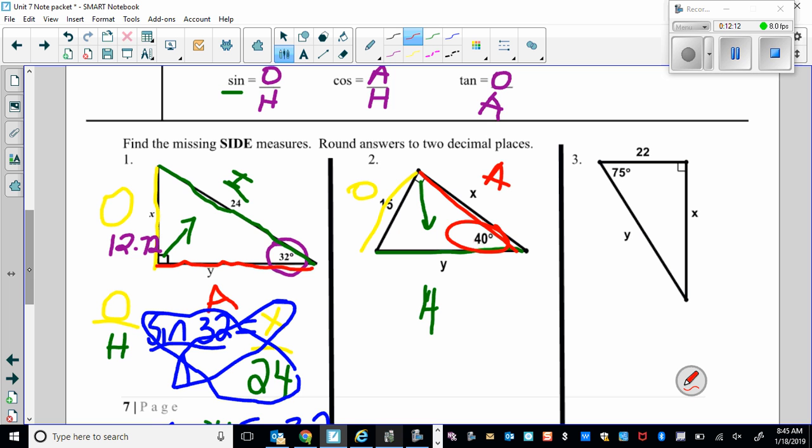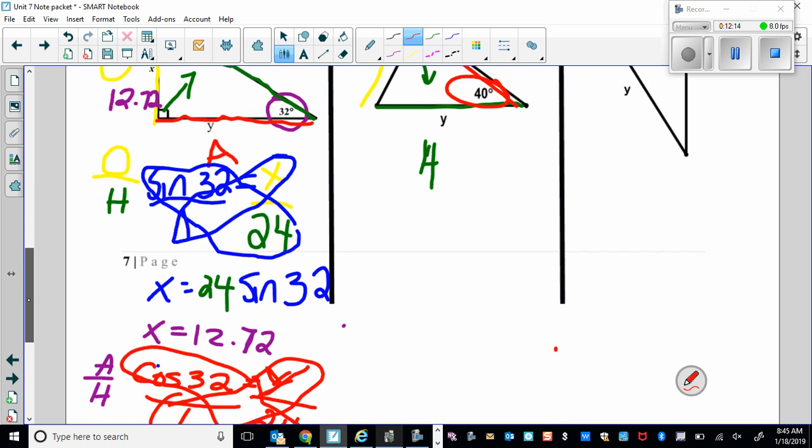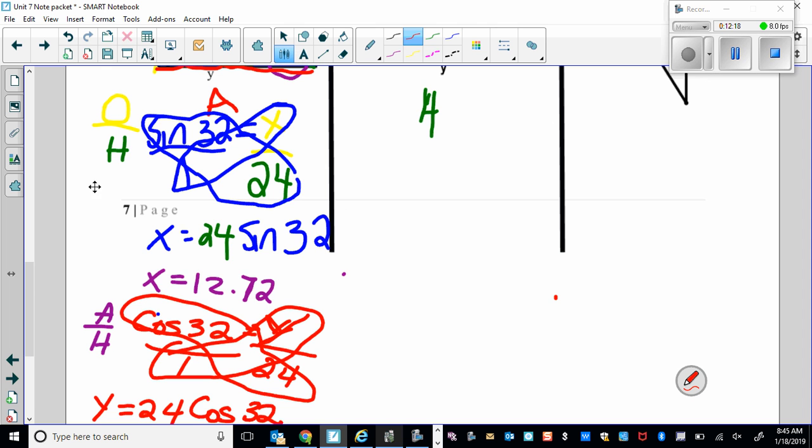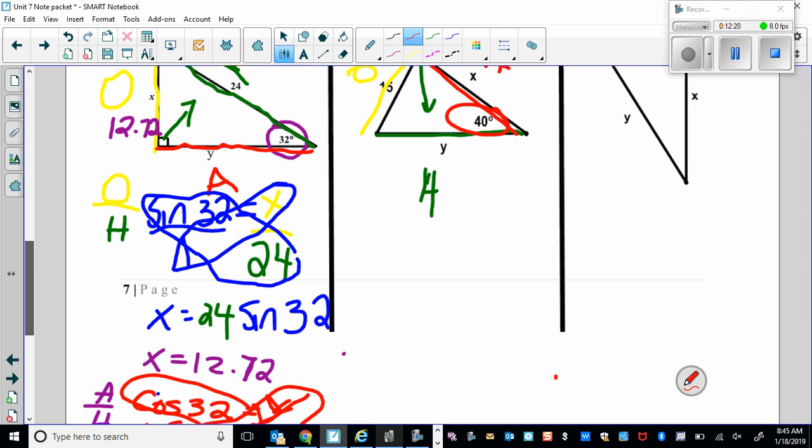Okay, so then I can use SOH. OH is sine, right? So I'm going to say sine of 40 is opposite, which is 15, over hypotenuse, which is y. So I'm going to put this over 1.